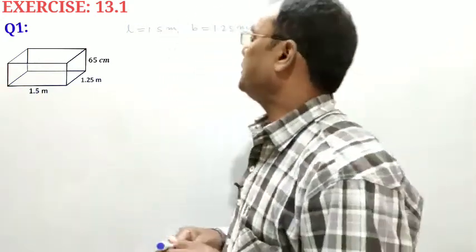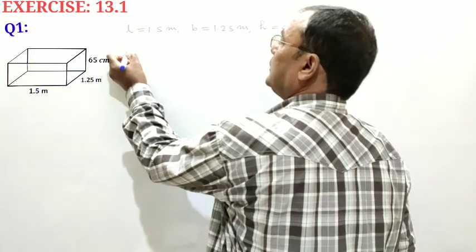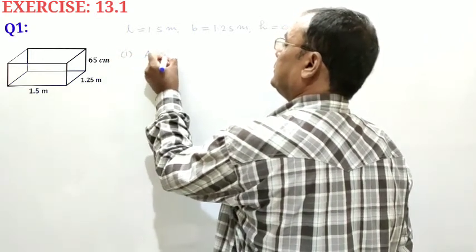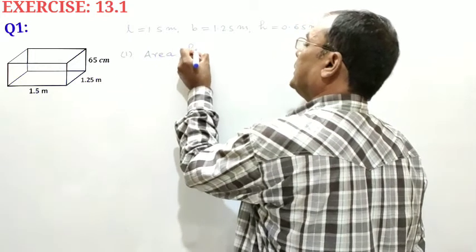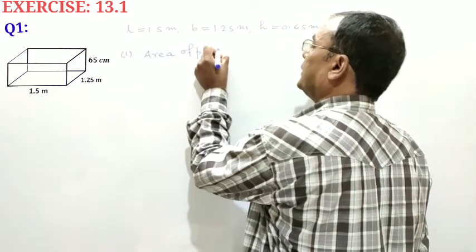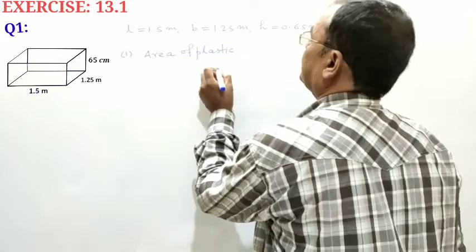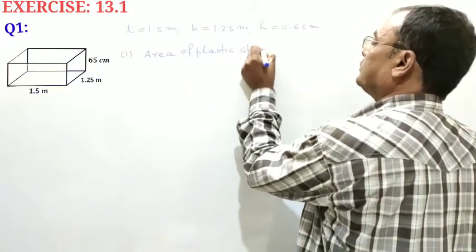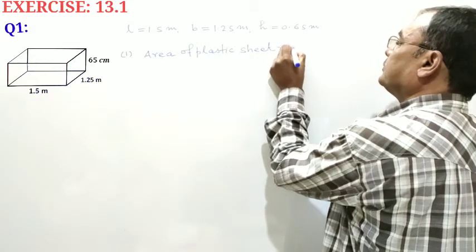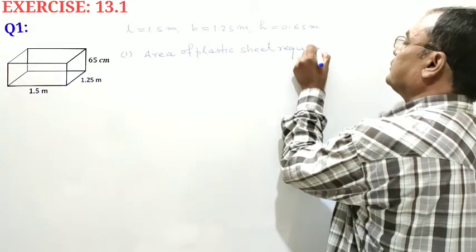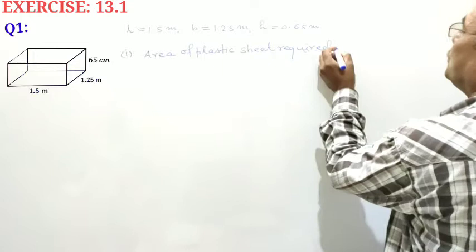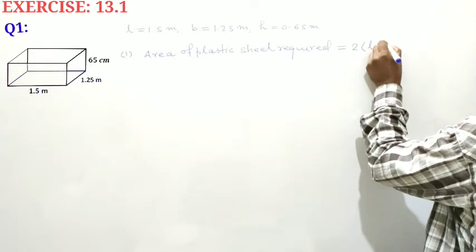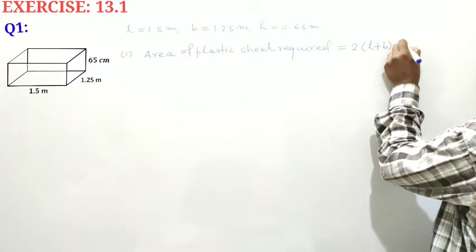So the first part of this question is, area of plastic sheet required is equal to 2 into length plus breadth into height.